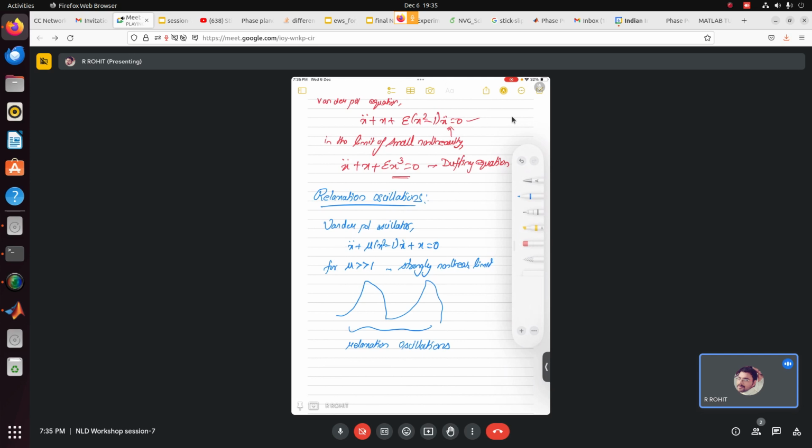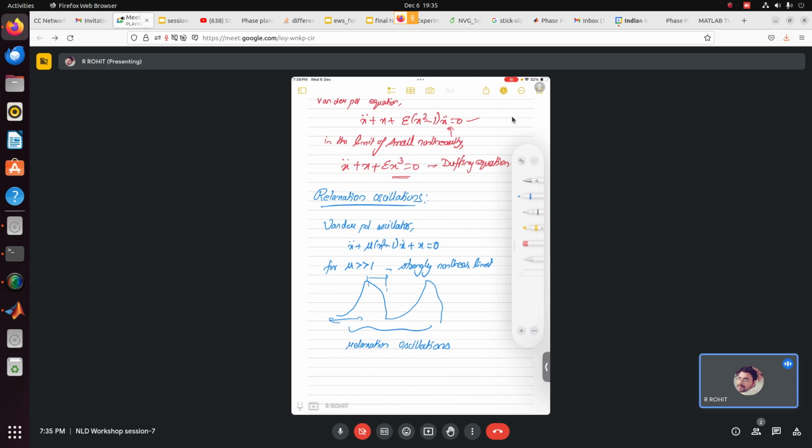They are called relaxation oscillations because the stress accumulated during the slow build-up, that is this region, is released very fast during the sudden discharge. These kinds of relaxation oscillations are observed in many different scientific settings.